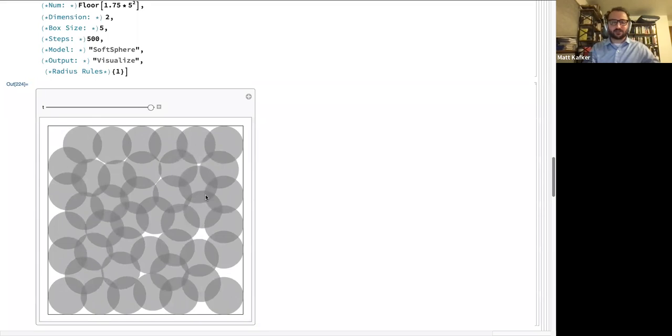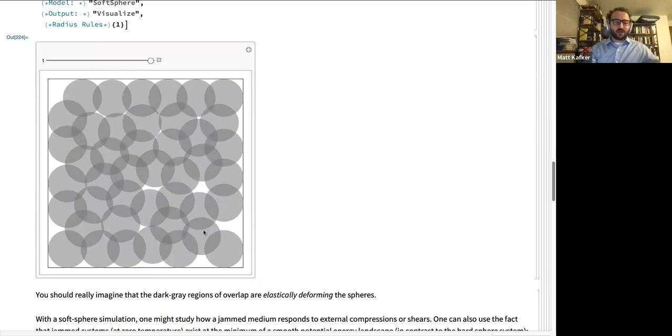Again, this is in part a consequence of the integration algorithms, but this is very, very roughly what will happen as a system jams. They push up against one another and the energy finds a minimum. Right, and the regions of overlap are elastically deforming the spheres. That's what these models are saying anyway.